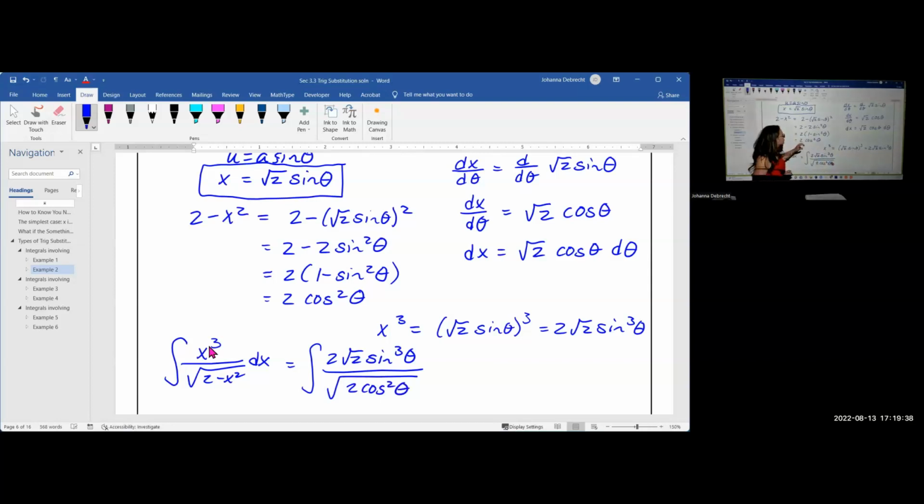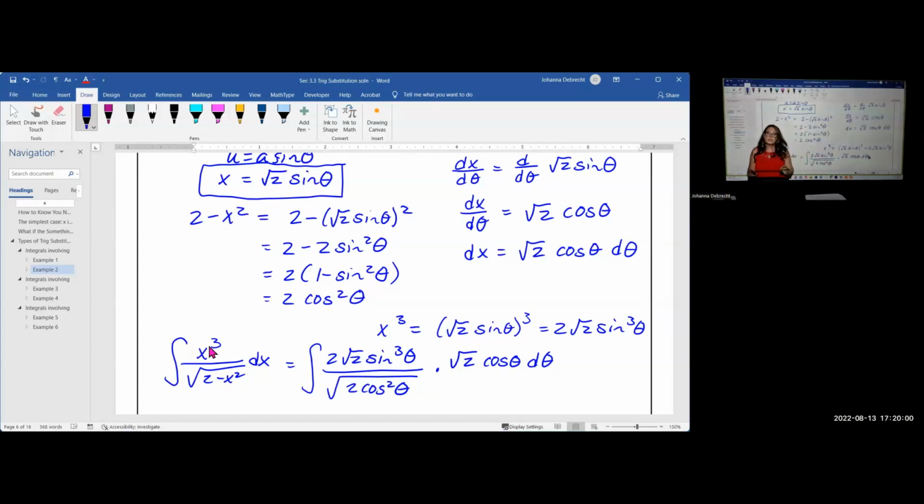And then my differential dx is going to get replaced with root 2 cosine theta d theta. So I have the three different pieces that are getting replaced here. Everything that was in terms of x is now in terms of theta.